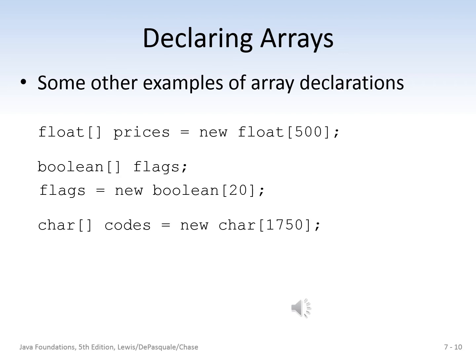Boolean brackets flags creates an object reference variable to an array, and then we need to use the constructor to assign that new object to that object reference variable. And then there's an array of 1,750 characters being created in the last statement.